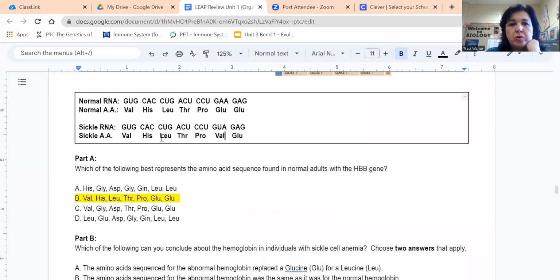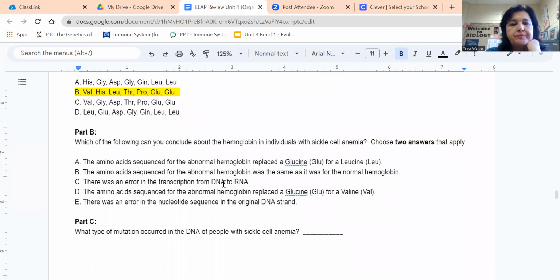The abnormal replaced what should have been a glutamine with a valine. Okay. And then, so I know that one's right. I'm going to go ahead and highlight that one. That one is definitely right. But I know that I have to choose two correct answers. And so I'm kind of thinking C could be correct.